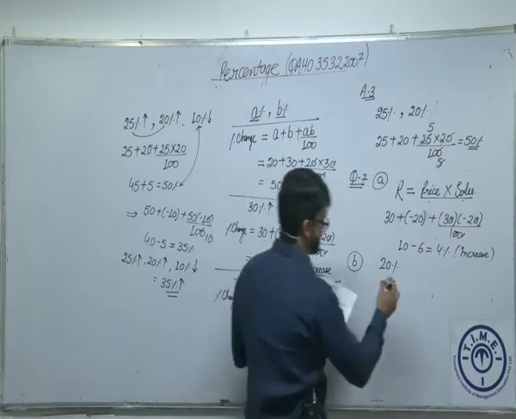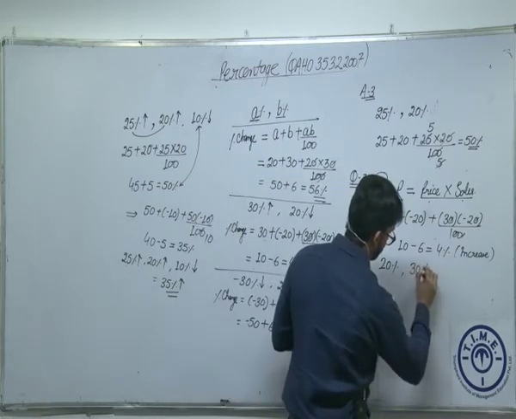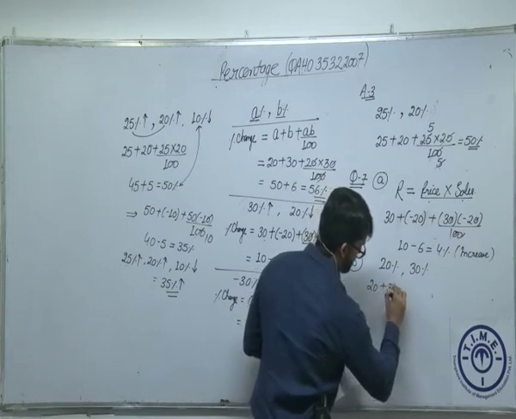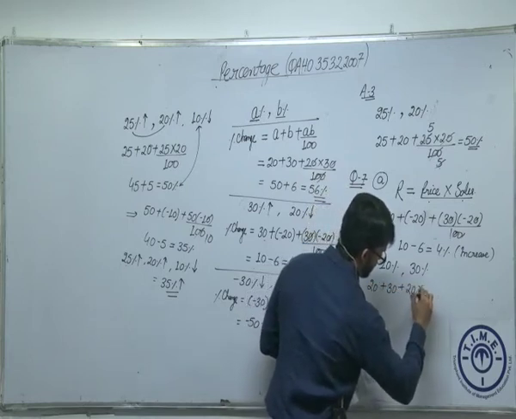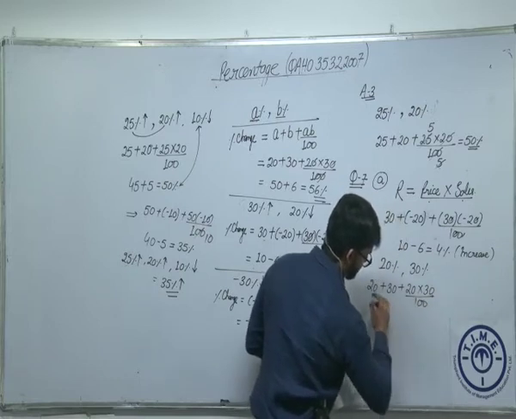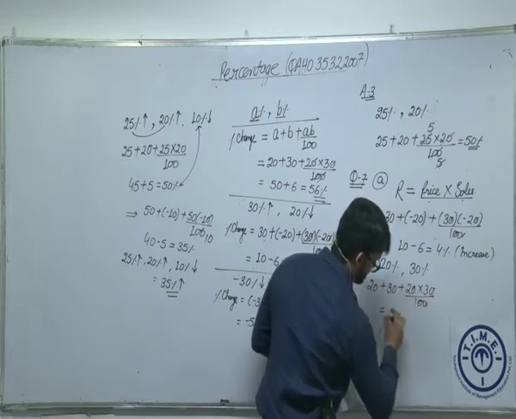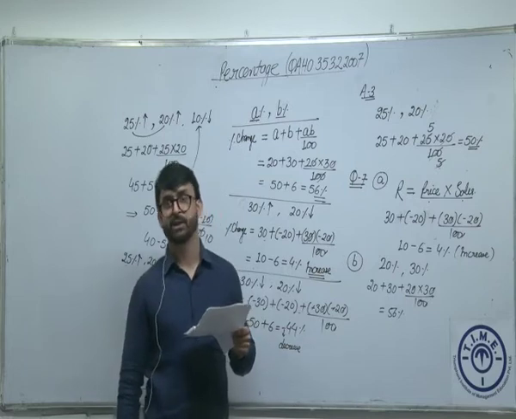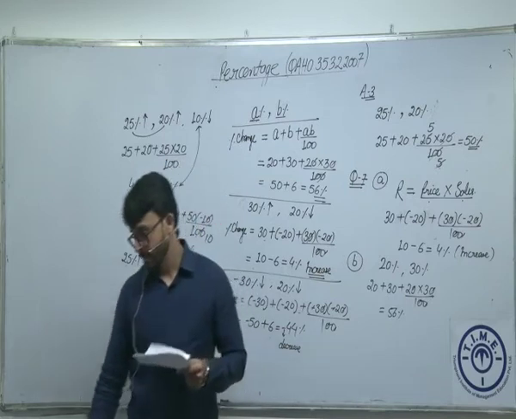Again increased by 30%. So what is the overall percentage change in the price? 20% plus 30% plus 20 into 30 divided by 100, which will give us 20 plus 30 plus 6, which is 56% increase. 56% increase, choice is 3. Is that okay? Fine.